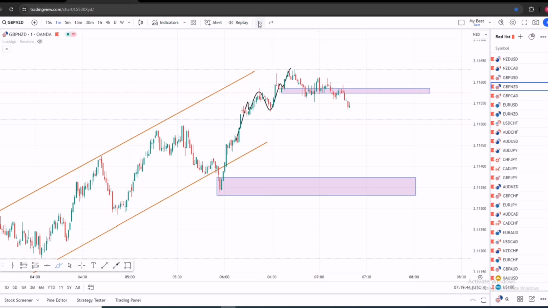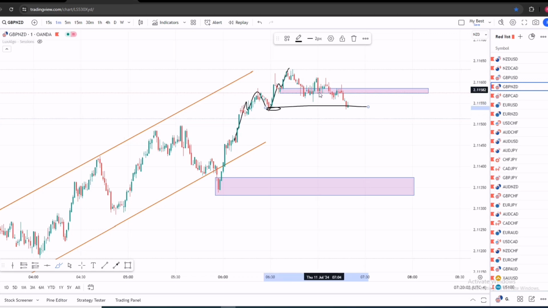Sometimes you find that this is actually not the last turning point. The last turning point is this one. Once you identify the wrong turning point, that's where you have challenges. But right here, it seems everything is going according to plan.